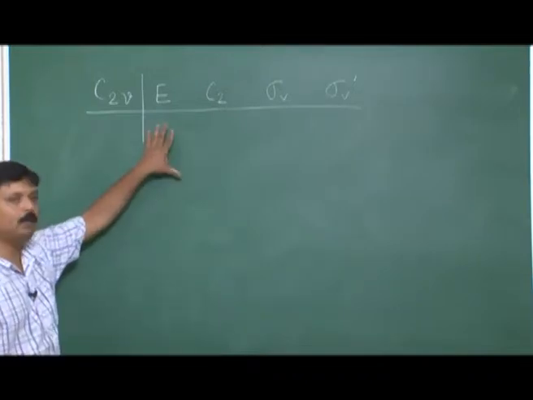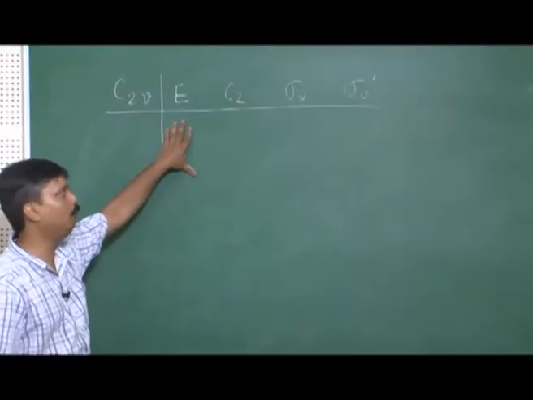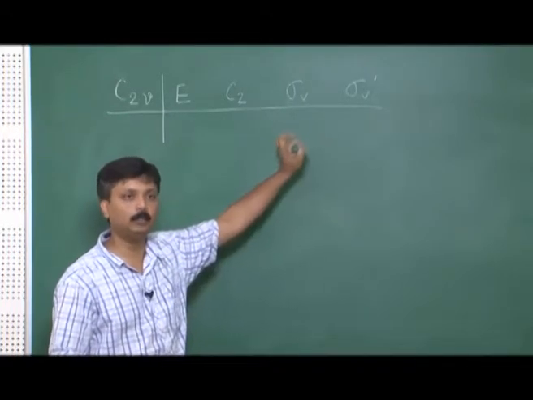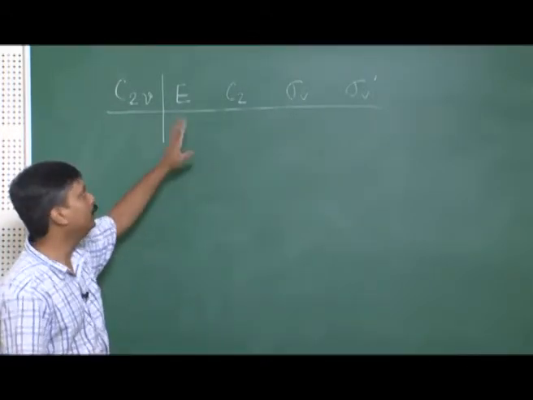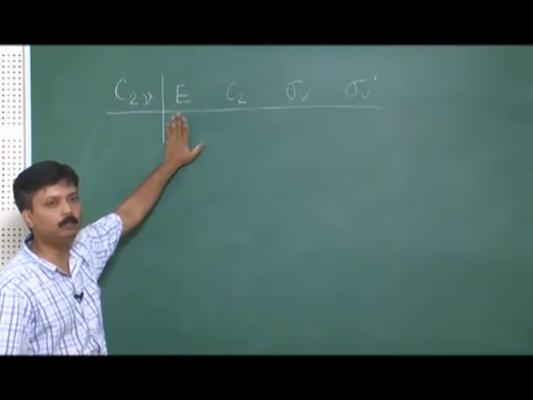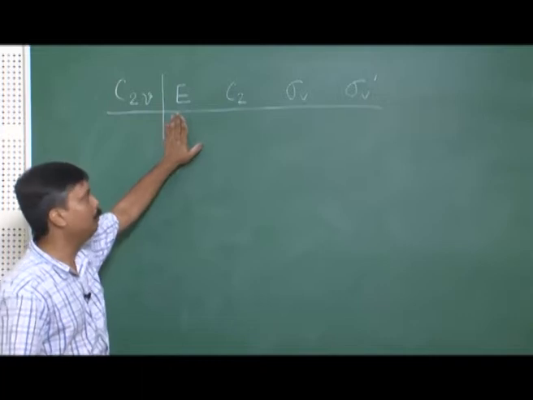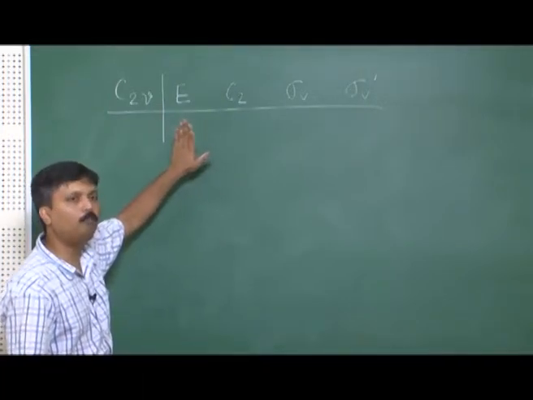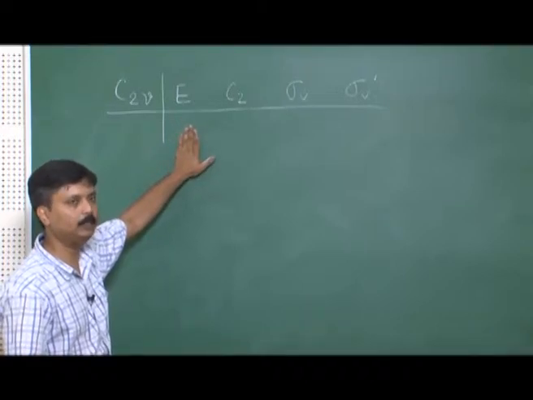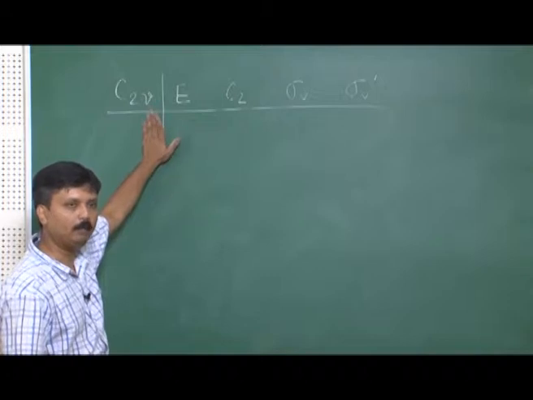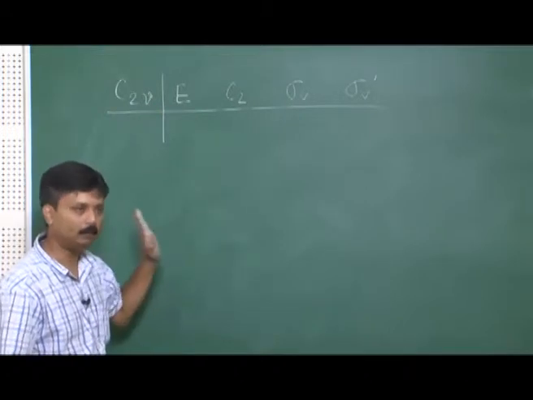And remember, this character table is going to give you the characters of irreducible representations. We have learnt earlier that we can form any representation that may or may not be reducible. But what we are going to do now is form the irreducible representations which are possible for this particular point group, and thereby form the overall character table.